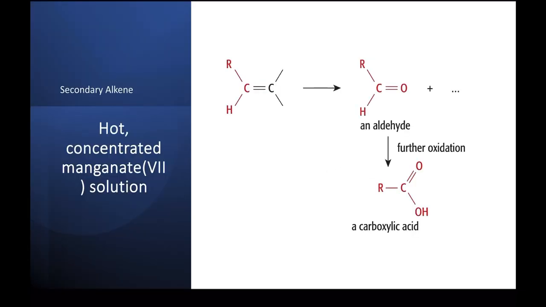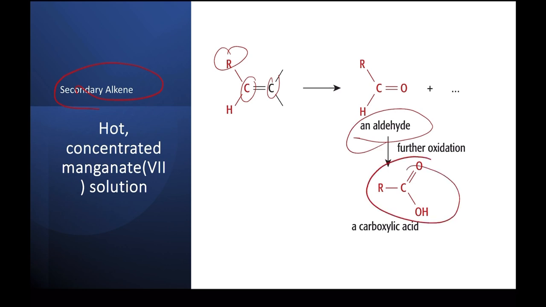But if you add the same thing to a secondary alkene, right? A secondary alkene, which means it's attached to two other carbons. So the first step, you're going to get an aldehyde, right? But if you leave it for further oxidation, you're going to end up with carboxylic acid, right? So there are two steps when you have secondary alkene.